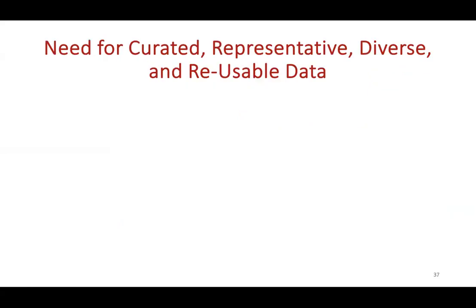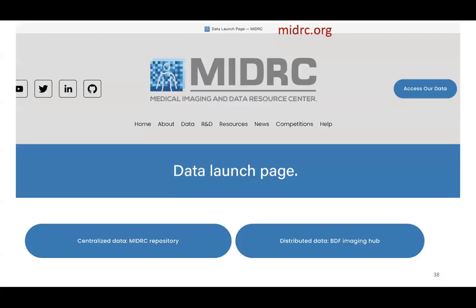Now, as we develop more and more AI, we need to make sure we have lots of data that's representative. So there's a huge need now for curated, representative, diverse, and reusable data. Once the patient has had their mammogram, it served its purpose, and it will continue to be used clinically. However, could it be used to improve the next generation of imaging and AI?